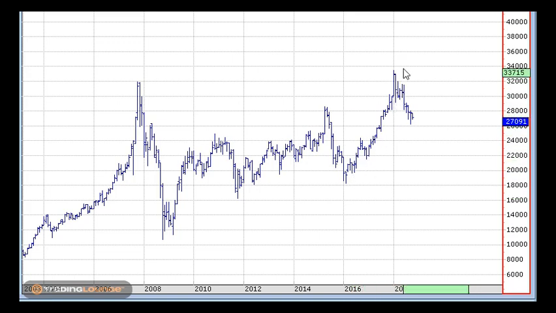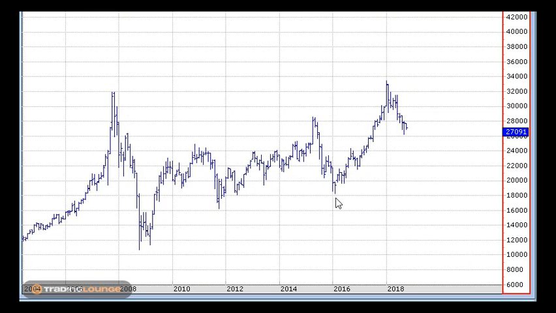Now this C wave up here, I was counting it as a top of a 3rd wave and a 4th wave back here. I know that we can count it as 1, 2, 3, and 4, and then an extension in the 5th wave here. But I was thinking to myself, well, it doesn't really have the right look and feel about it.